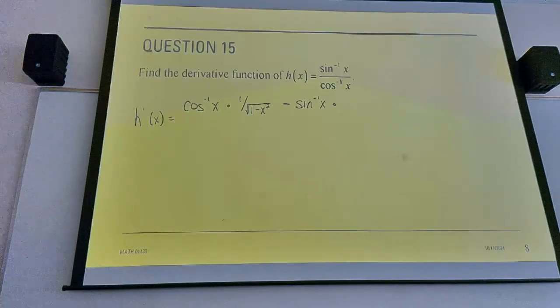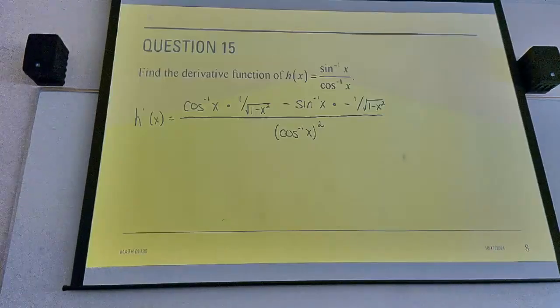Denominator, what is its derivative? Negative 1 over the square root of 1 minus x squared, all over inverse cosine squared.